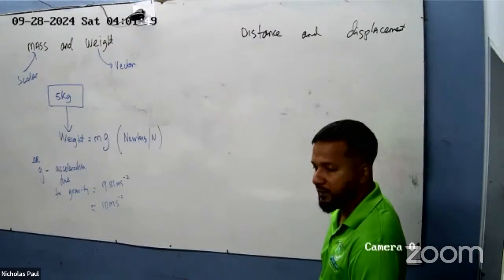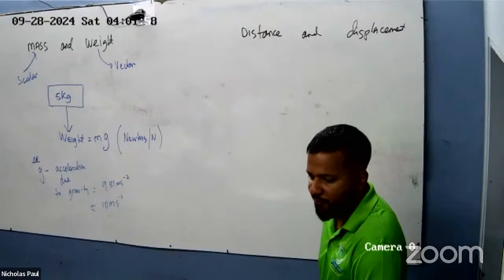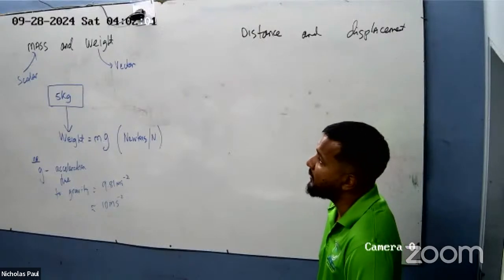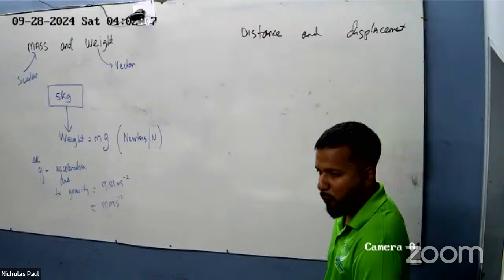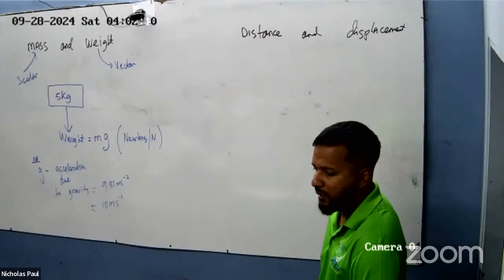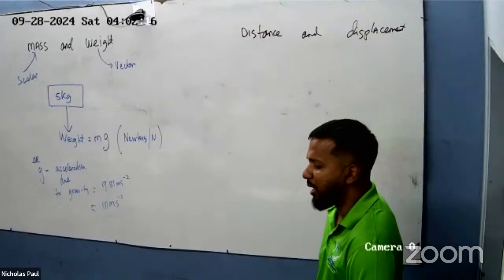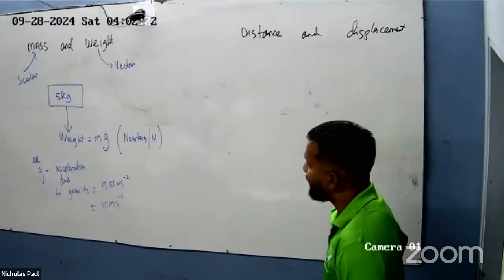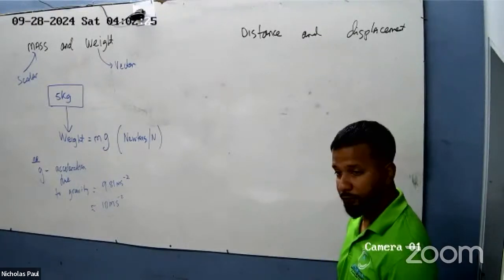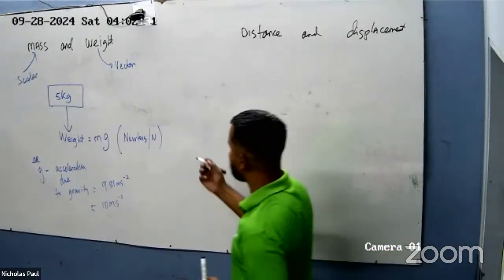Weight is a vector quantity, and it represents the effect of gravity on its mass. Are you okay with that? Right, so let's see if we can try a small example.